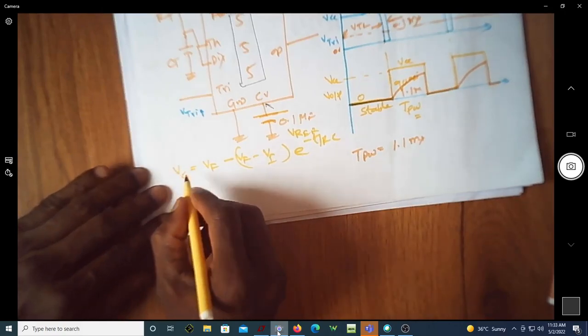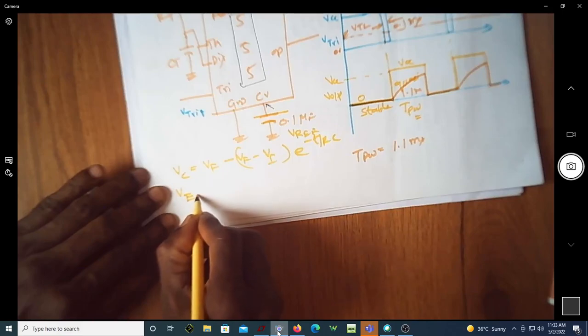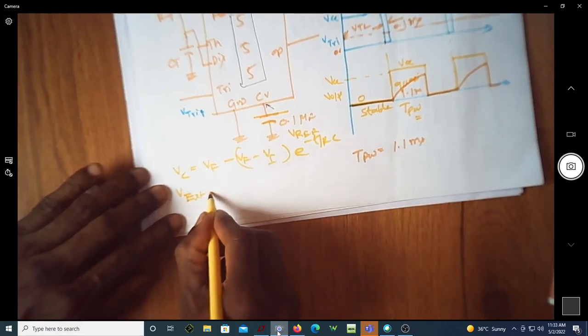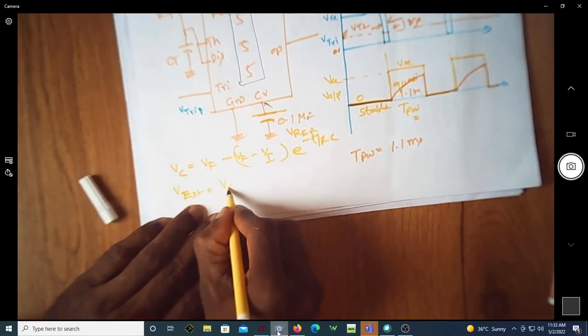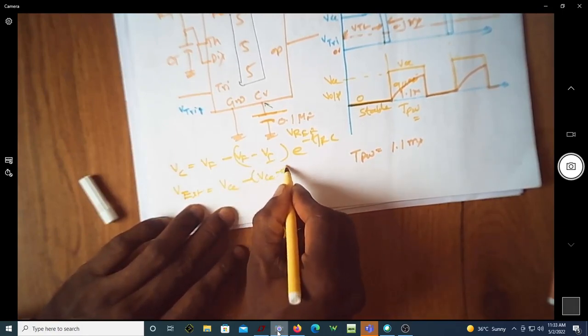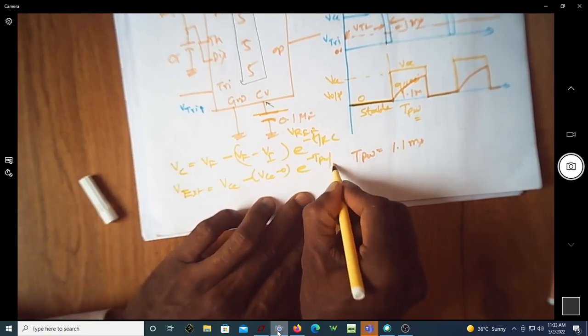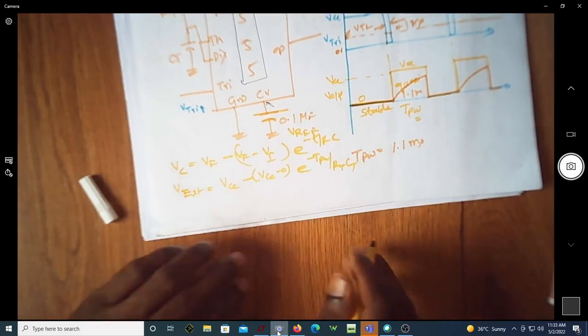So the capacitor voltage will be equal to VTH, which in this case is V external or V reference, equal to V final, which is VCC, minus V final again VCC, V initial is 0, e power minus T pulse width by RTCT.